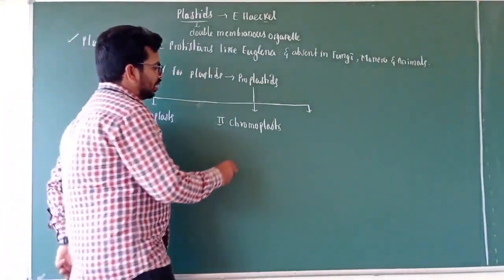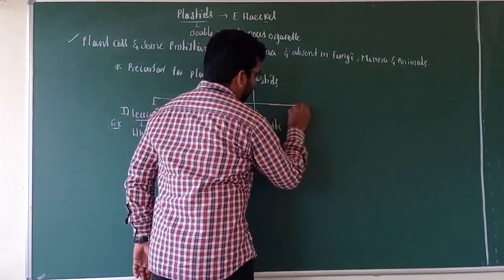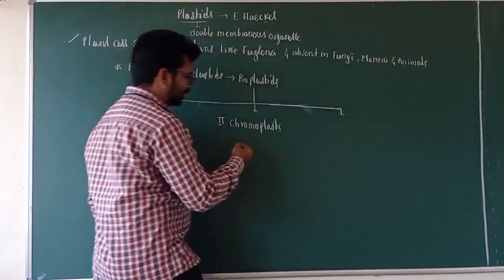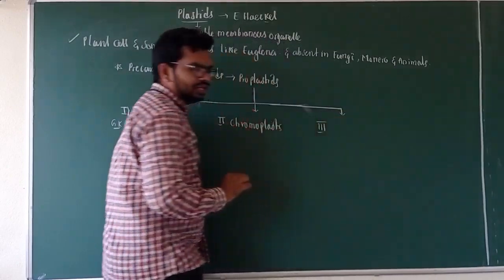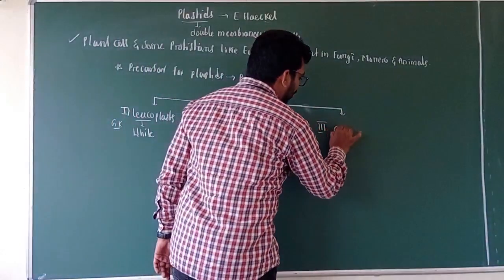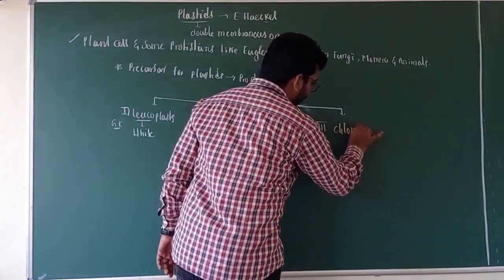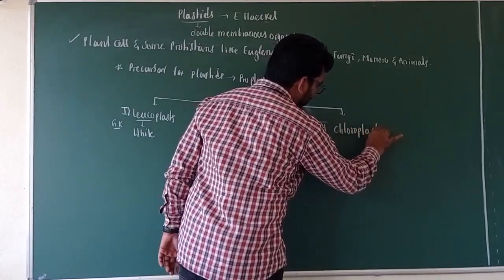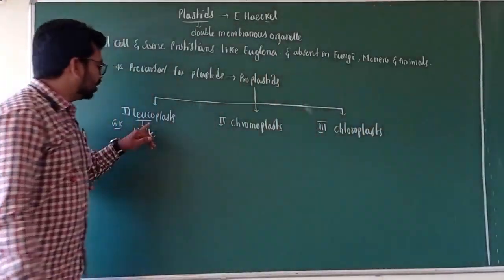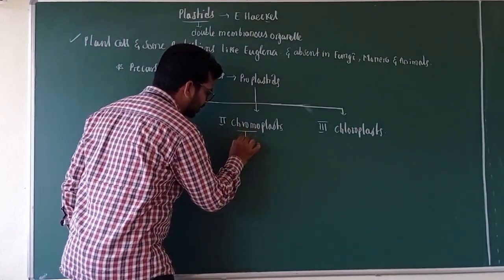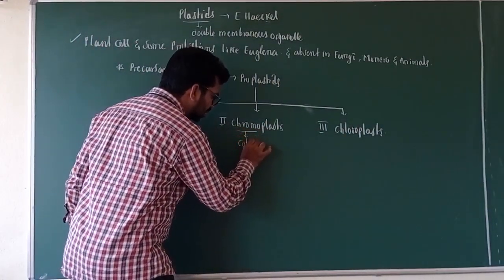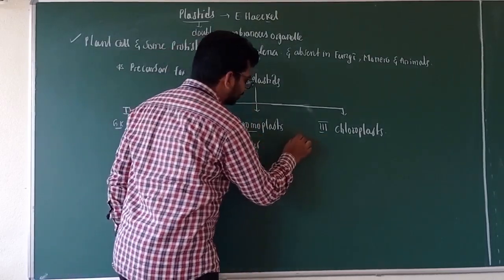We will discuss different types of plastids again later. And the third category, very important under the plastids, is chloroplasts. Remember, leucoplasts are white in color. Chromoplasts, chromos means color plastids.